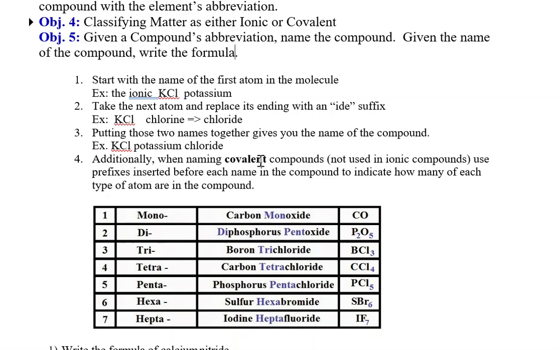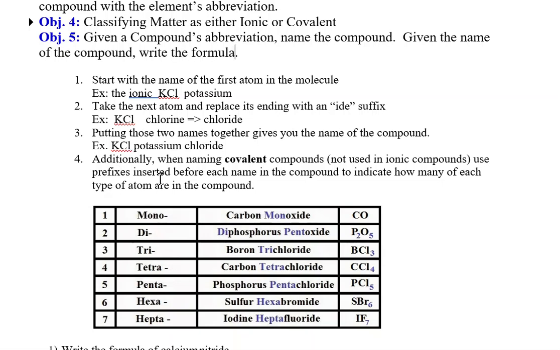If you're going to name a covalent compound, this happens to be an ionic compound. If you're going to name any covalent compound, we're going to include some prefixes that describe how many of the different atoms make up the compound. So here I didn't bother to say that this was monopotassium monochloride. We don't do that in ionic compounds.